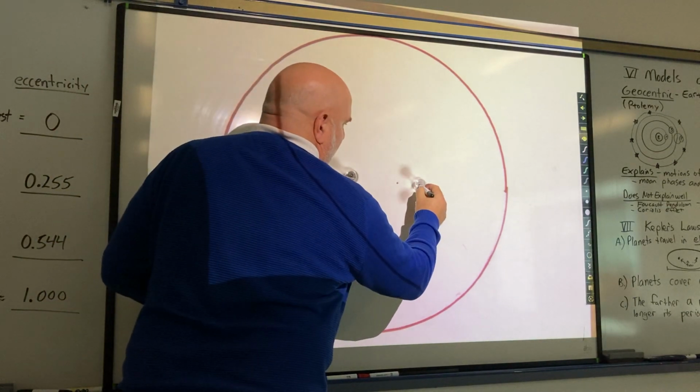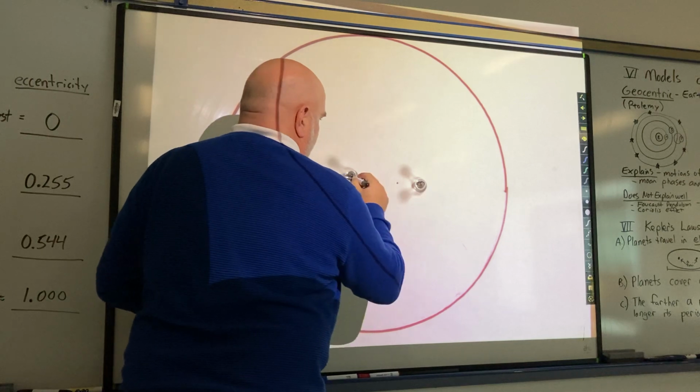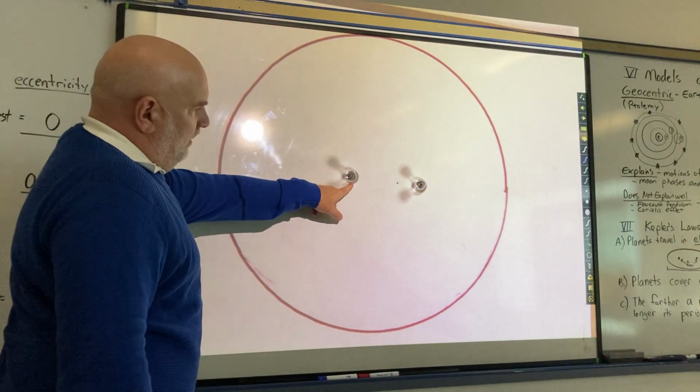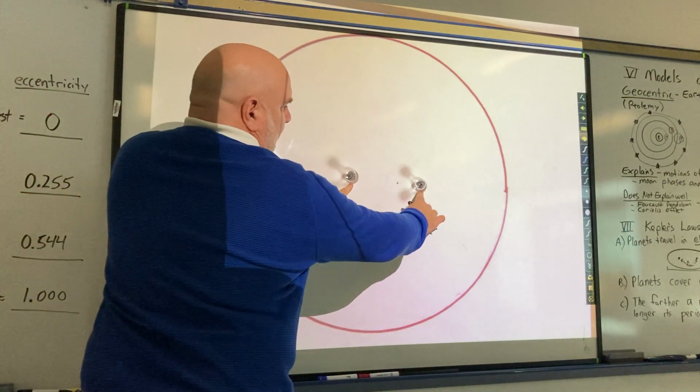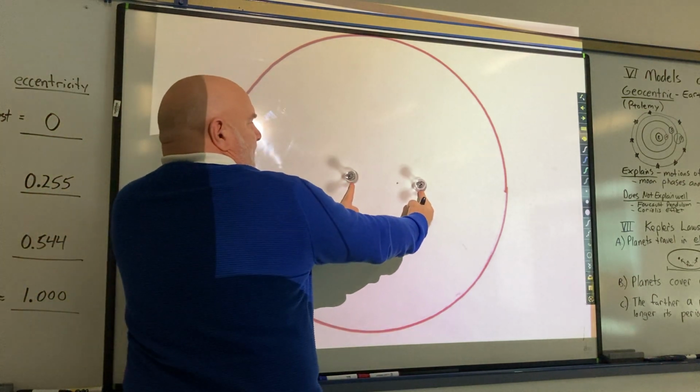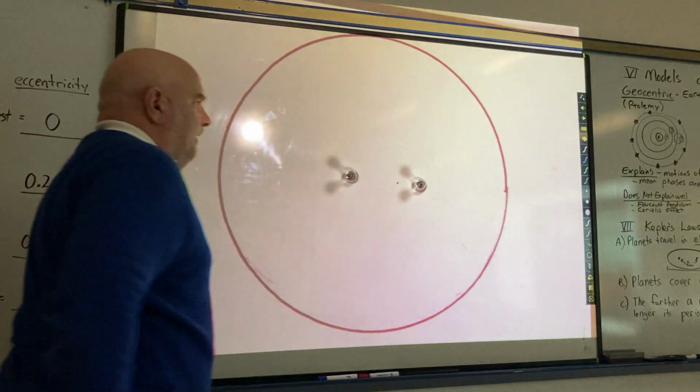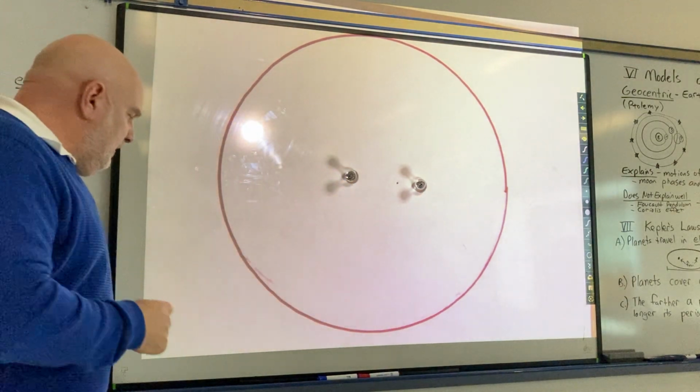All right, so this is for ellipse number 2. Here's my one foci, here's the other foci. So distance between foci, you want to measure that distance right there.